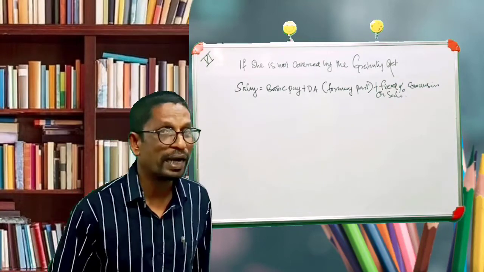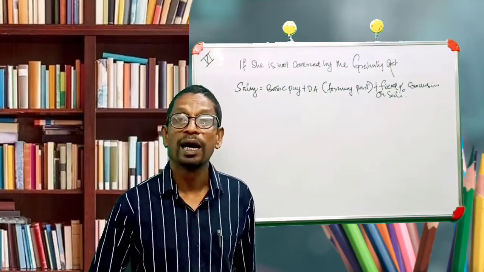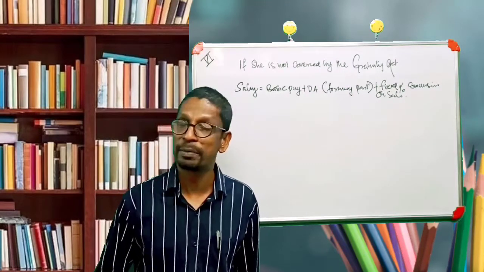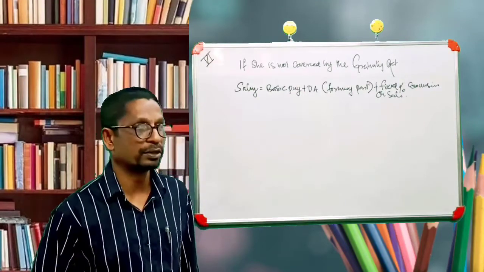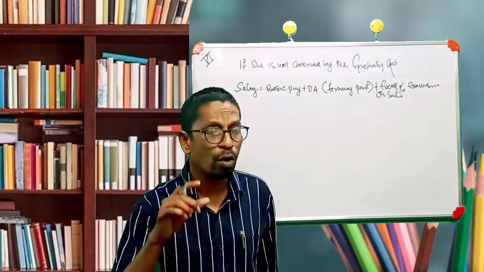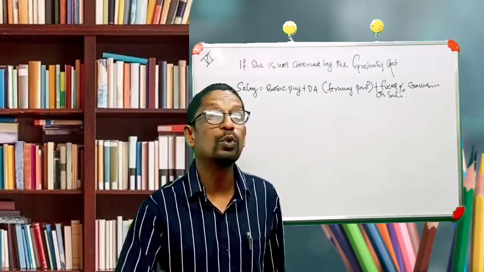So we are finding the average salary preceding the date of retirement, that is 10 months preceding the date of retirement. And again, on what date is the employee getting the increment here? From July onwards.